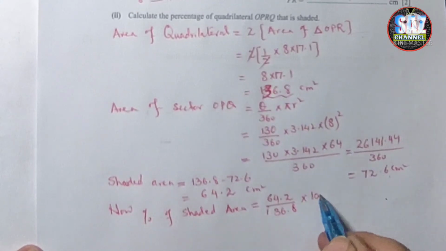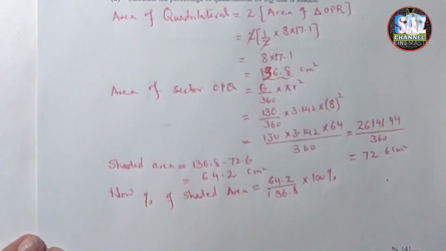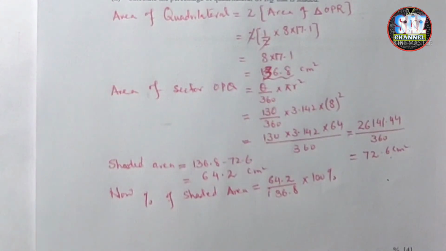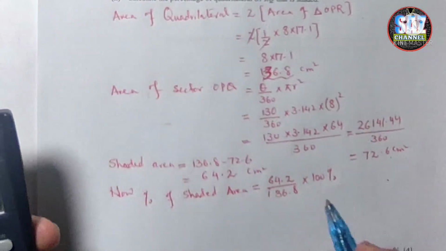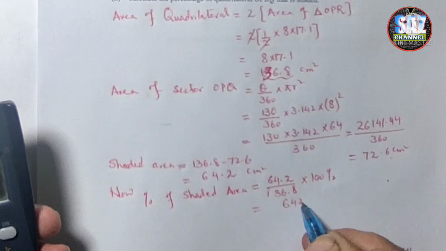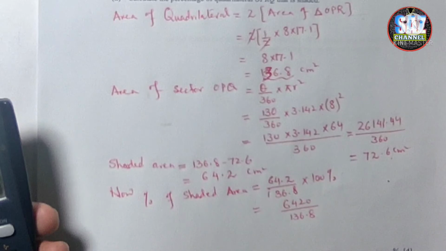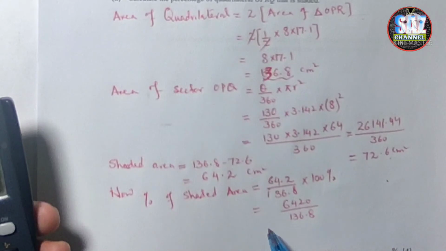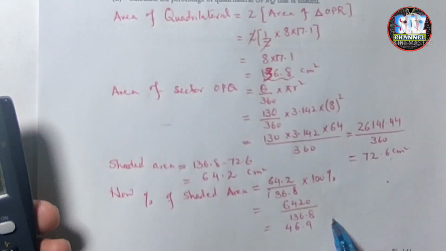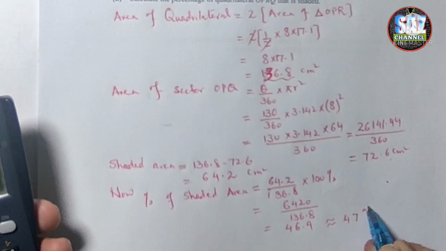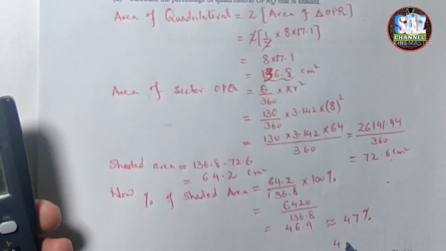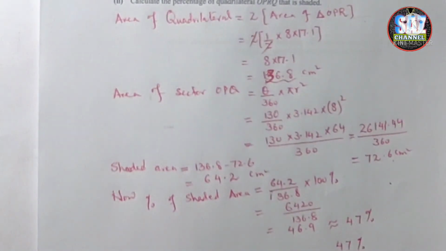So this becomes 64.2 multiplied by 100, which is 6420 upon 136.8, and that gives me 46.9 or approximately 47%.